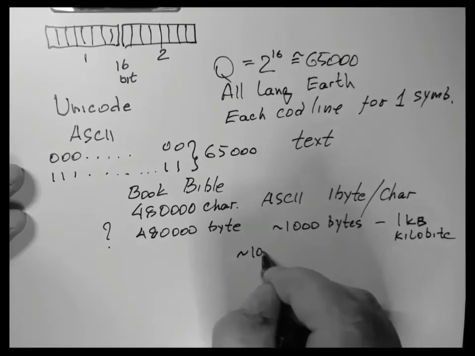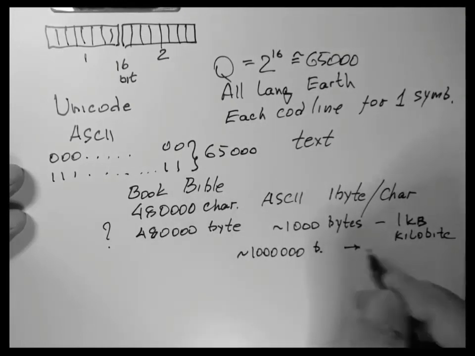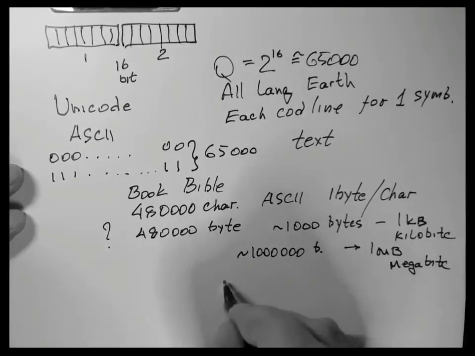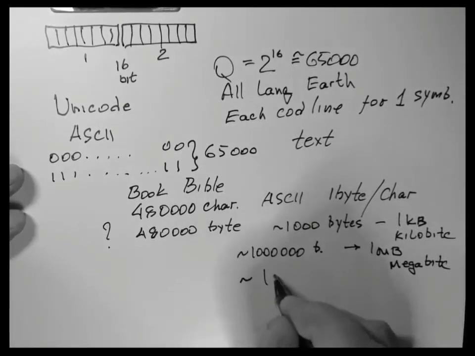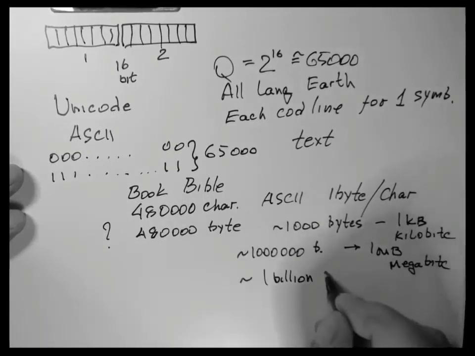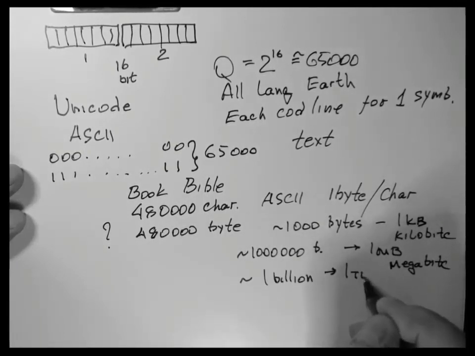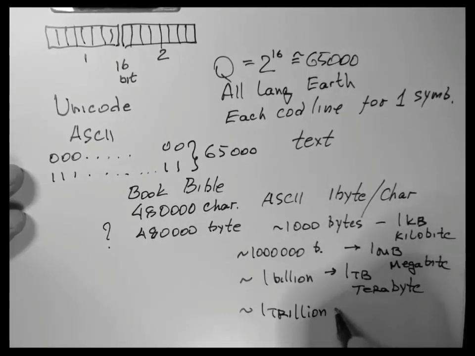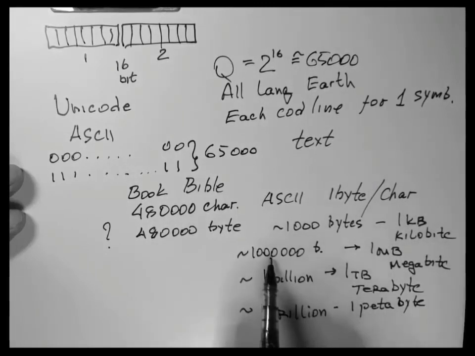Approximately 1 million bytes is 1 MB, megabyte. Approximately 1 billion bytes is 1 GB, gigabyte. And approximately 1 trillion bytes is 1 terabyte. 1 million megabyte, 1 billion terabyte, 1 trillion petabyte.